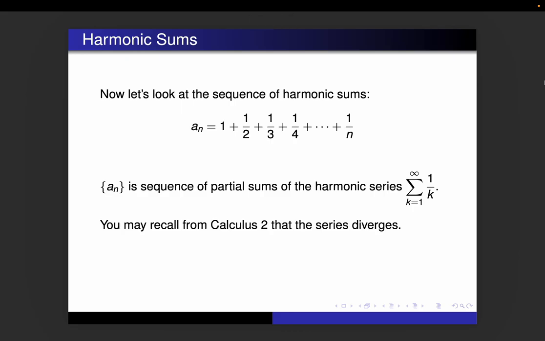And you may recall, maybe you were just told, or maybe you actually went through an explanation of why it's true, that this series diverges. That's essentially what we're doing here. So if you've seen this before, or it looks familiar, that's probably why. And the way we're going to prove this is we're going to prove that the sequence is unbounded.